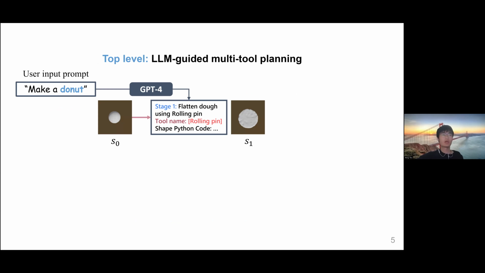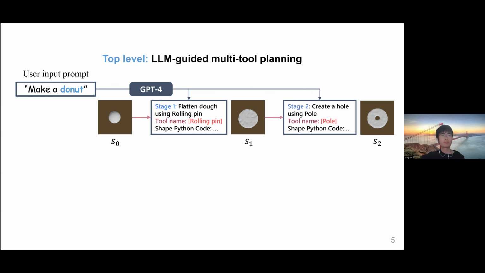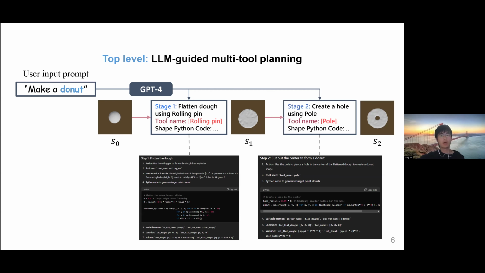For example, here in the first stage, GPT-4 will probably say, okay, I will flatten the dough using the rolling pin. The tool name is rolling pin, and it can also give you some Python code to generate that. And in the second stage, it identifies, okay, we need to create a hole, and it can give you the code to generate the particle state.